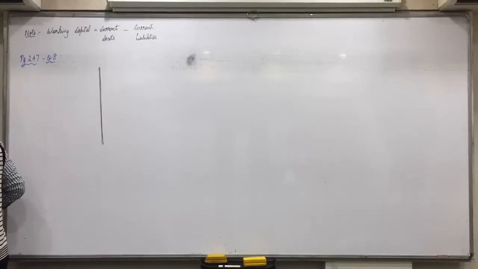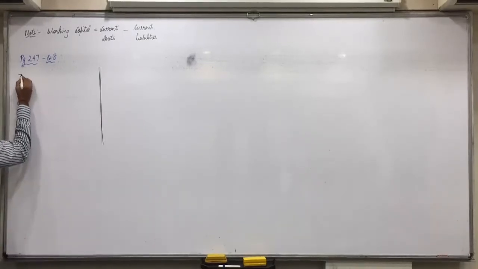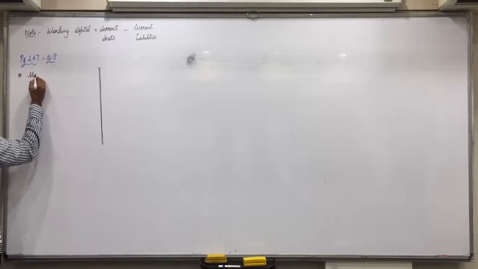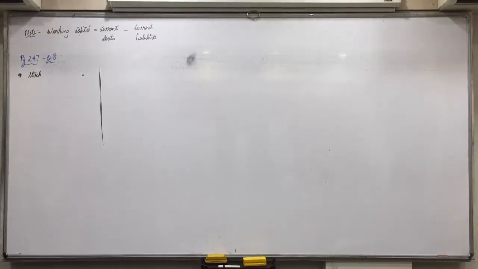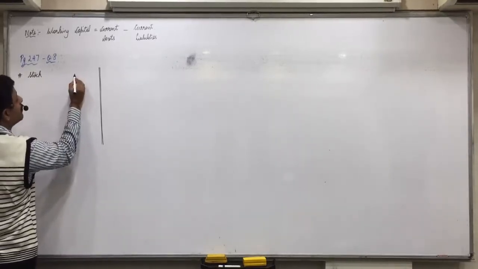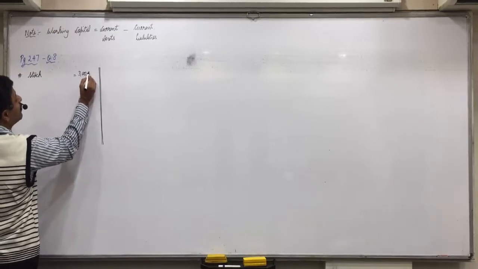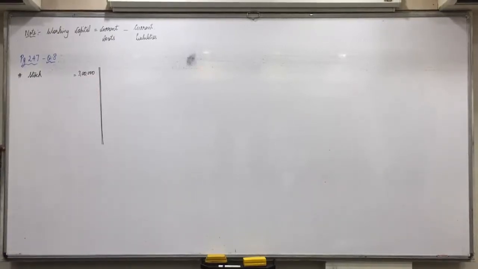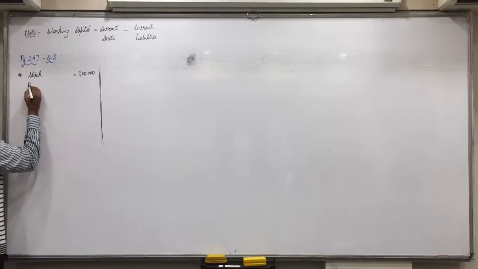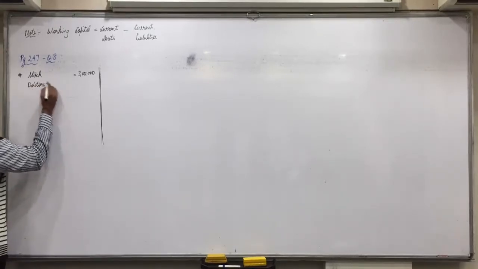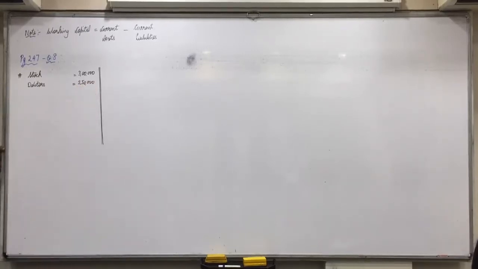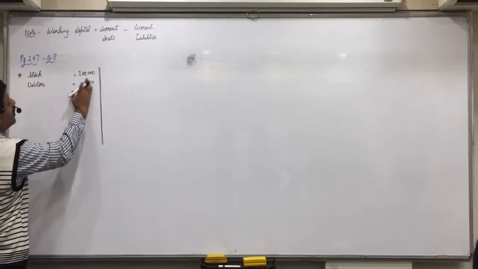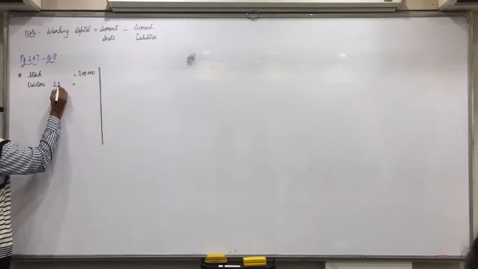Stock 3 lakhs. Then debtors 2,50,000. Okay, debtors we have to write after deducting bad debt reserve.